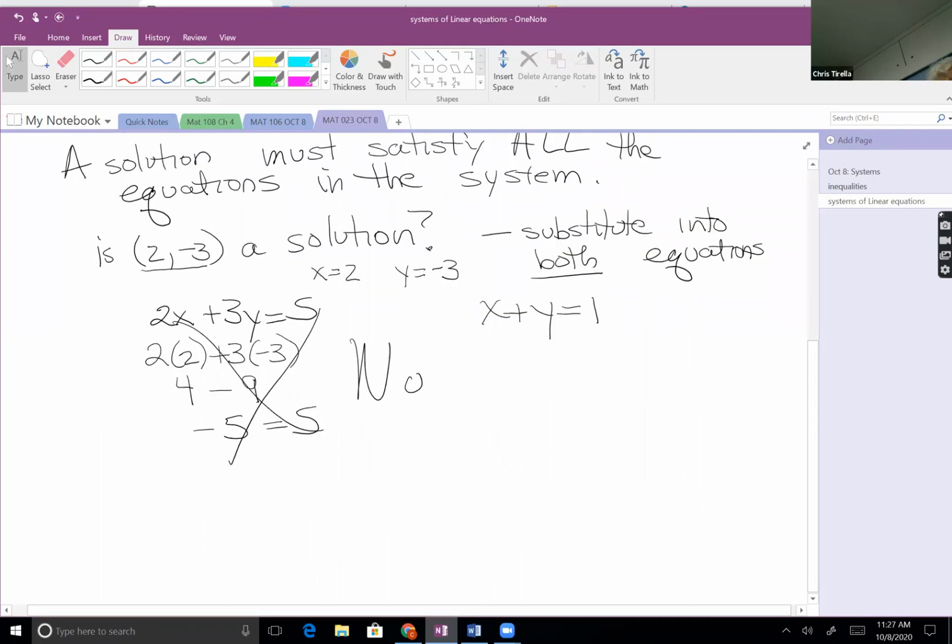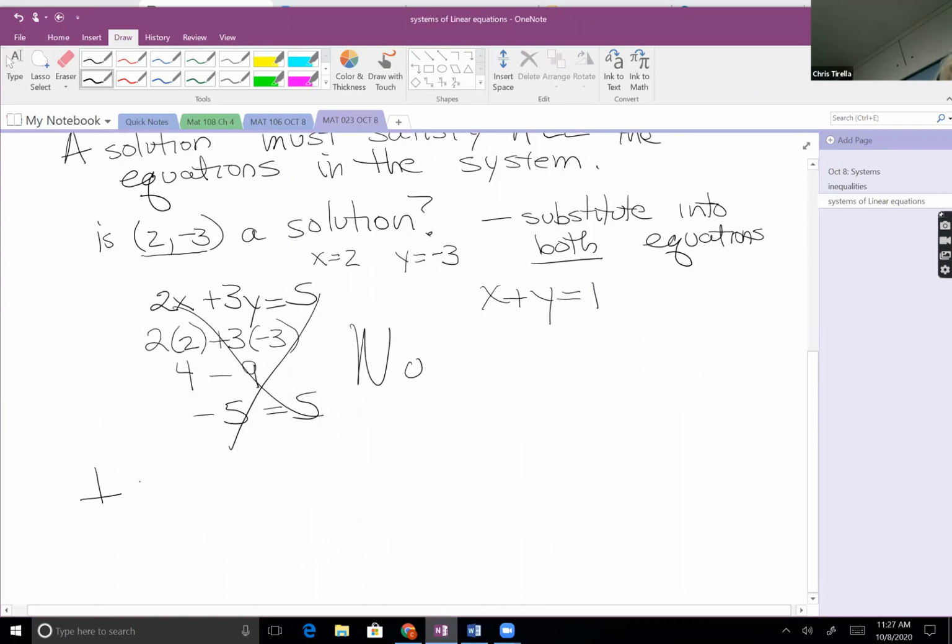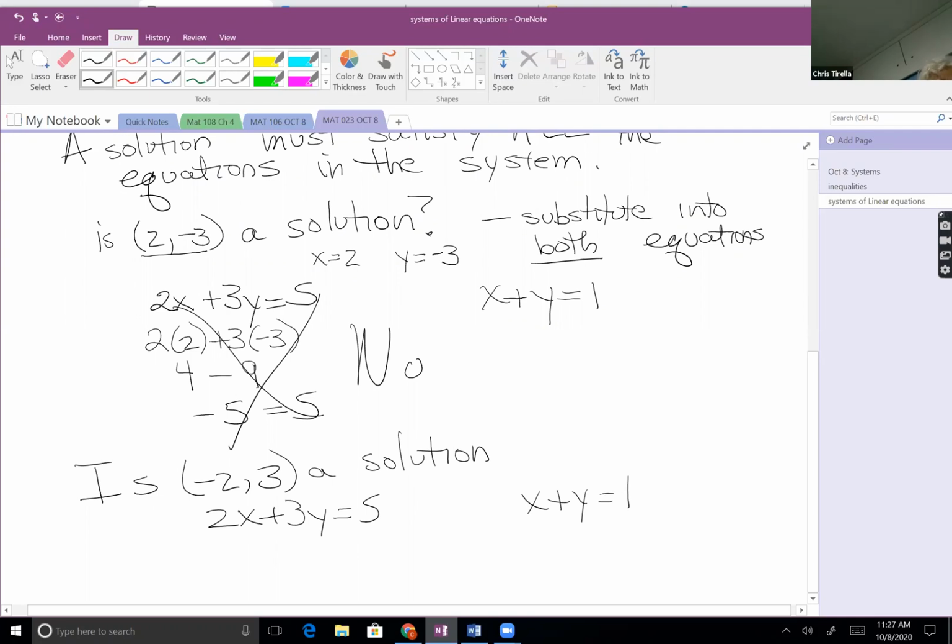So instead, let's try another value. Let's try, is (-2, 3) a solution? So I've got 2x plus 3y equals 5, and x plus y equals 1.